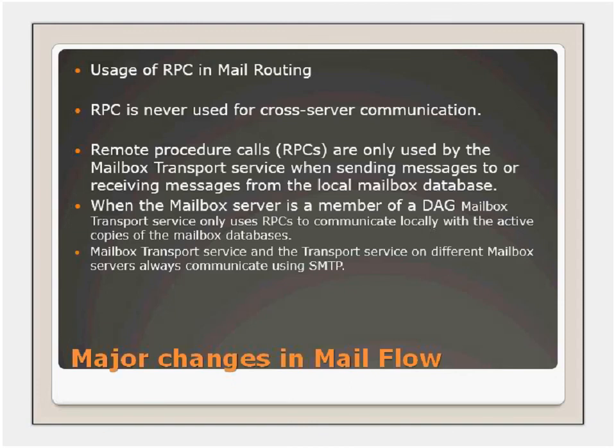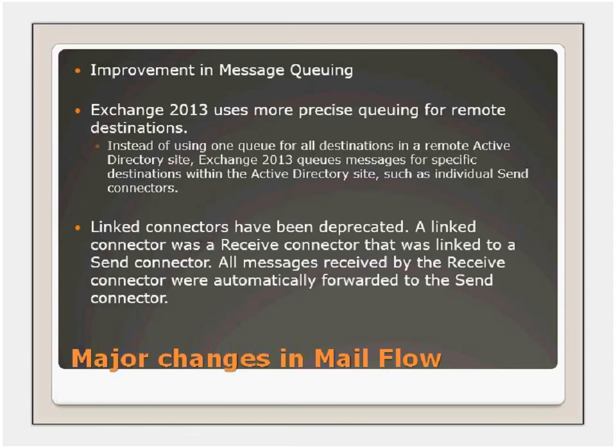If it has to deliver mail that is going out of that particular server, RPC is not going to be used. So what does it use? The mailbox transport service and hub transport service on different mailbox servers use SMTP. So cross-server communication uses SMTP, and within the server to the database it uses RPC. Okay, so that's about the different mail flow.